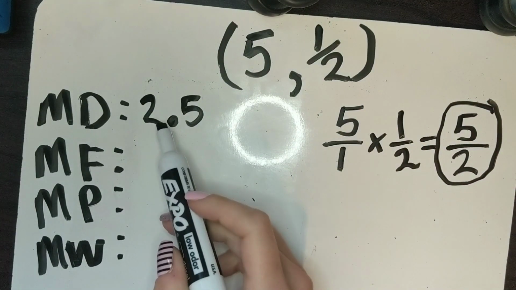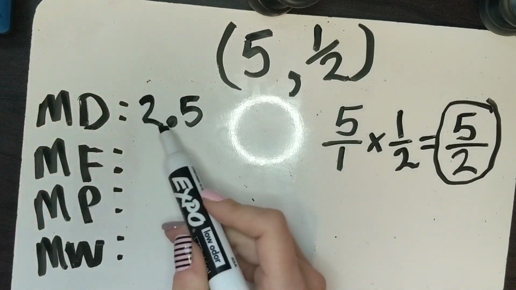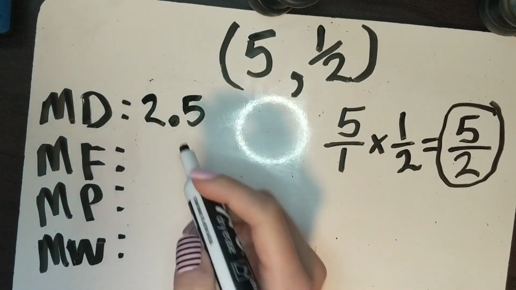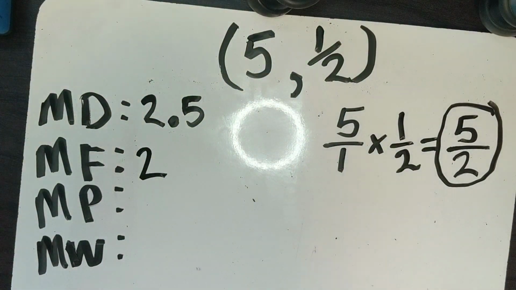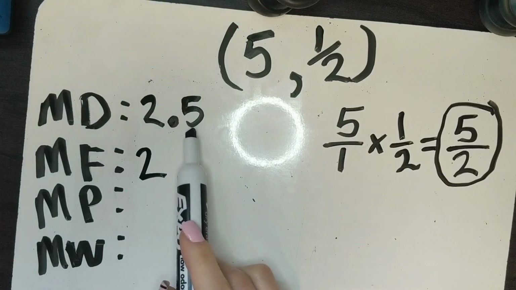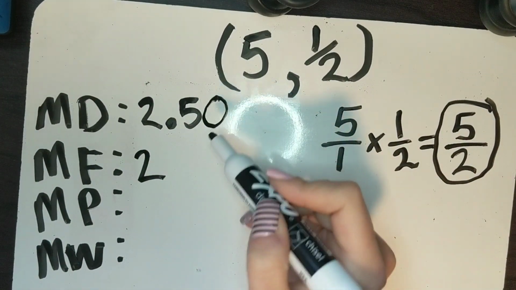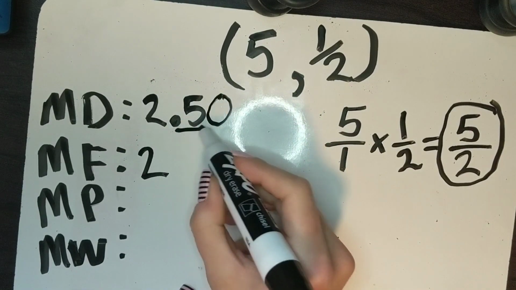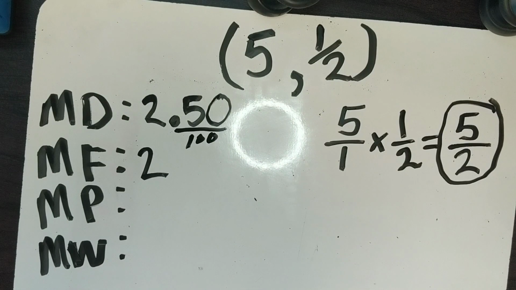So if I look over here, I can see that there's a 2 in the whole number place value. So I could write the 2 out in front for my whole number, and then the fraction for 0.5. So if I put a 0 after this and thought of it in fraction form over 100, that would be 50 over 100.